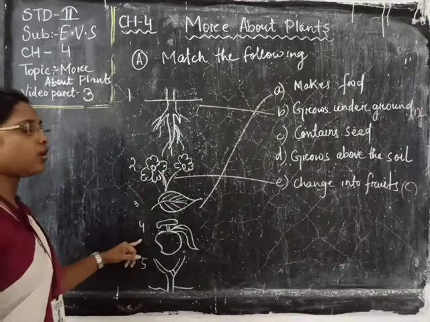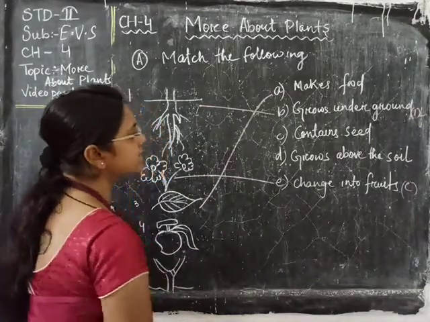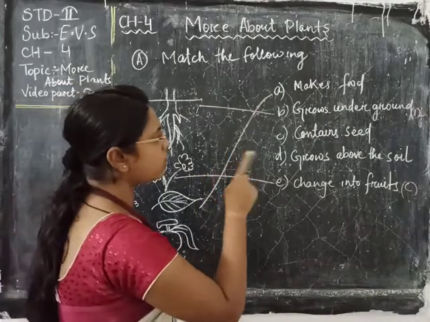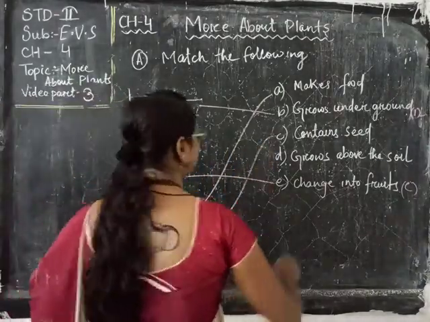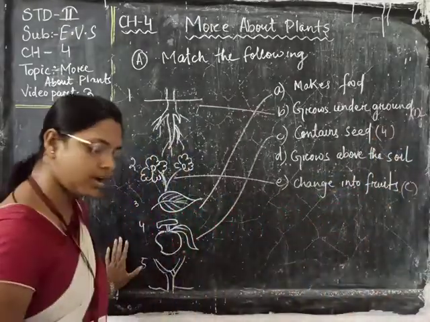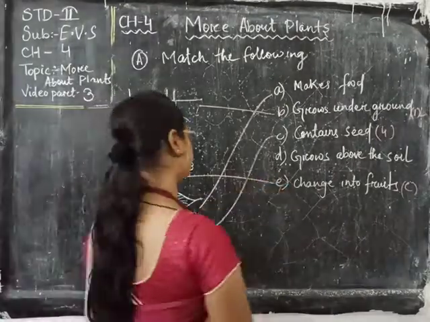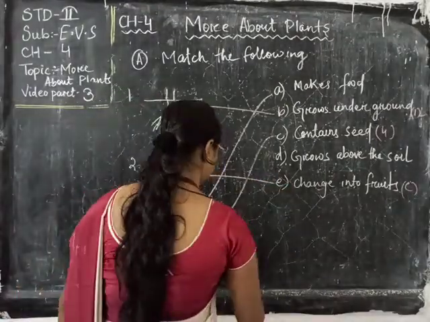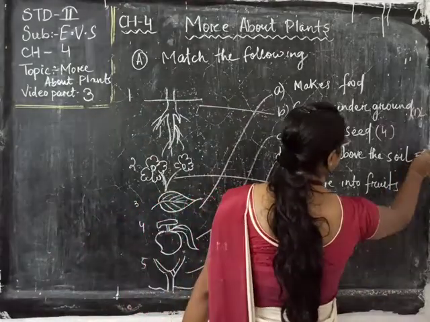Next, mango. Mango is a fruit. It contains seed, so you will write number 4. Last one, it is a stem. Stem grows above the soil. It will be number 5.